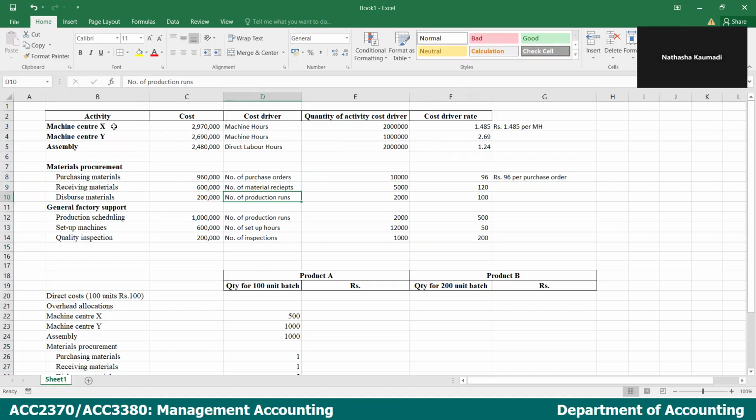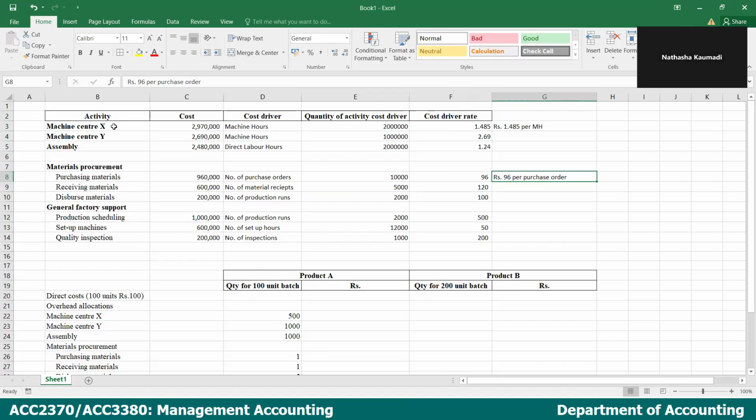And remember, this cost driver would not be the same for all the questions, right? Depending on the situation, depending on the question, you will have to select the most suitable cost driver, right? So you took the quantity of each cost driver and, using the quantity and the cost, you calculated the cost driver rate. So before starting with the unit cost, you need to calculate these cost drivers first.